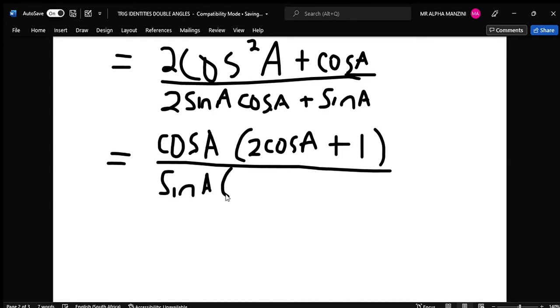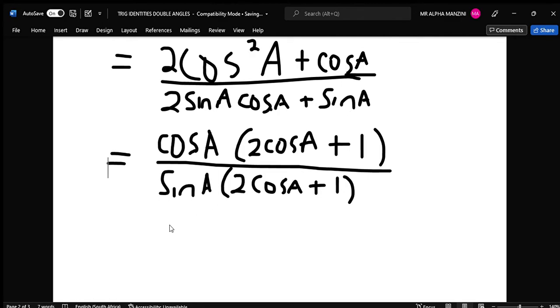Here we'll be left with 2 cos A, since sine A times 2 cos A is 2 sine A cos A. Plus, we'll be left with 1, since sine A times 1 is sine A.